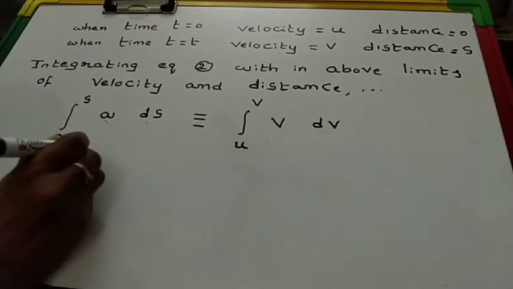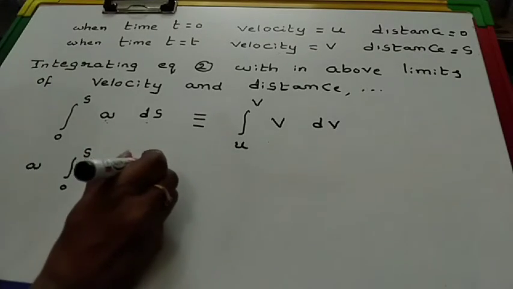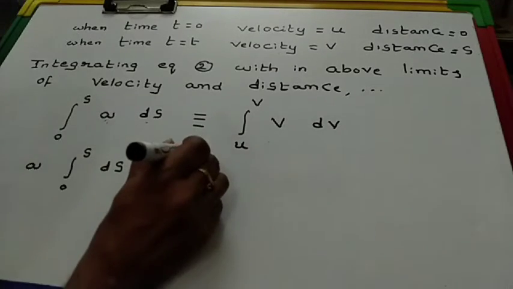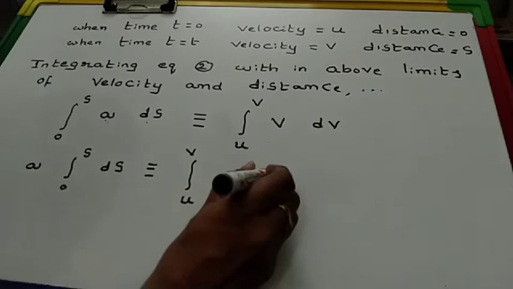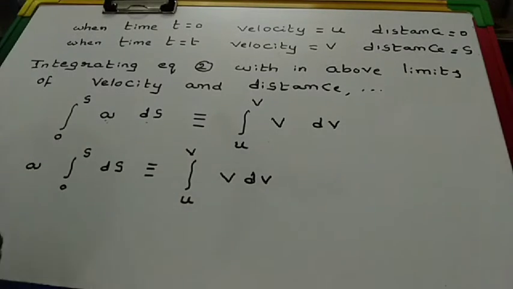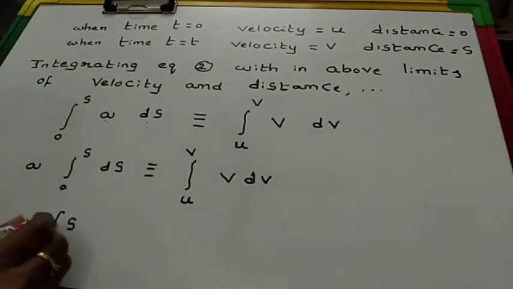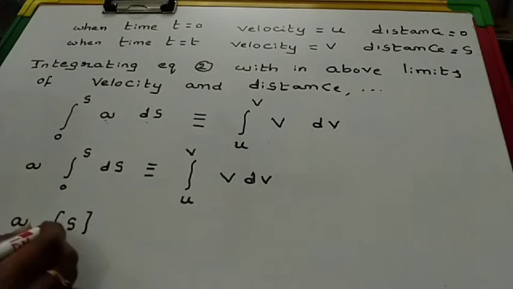Write a into integral 0 to s of ds is equal to integral from initial velocity u to final velocity v of v into dv. Now what is integral ds? Integral ds is equal to s.